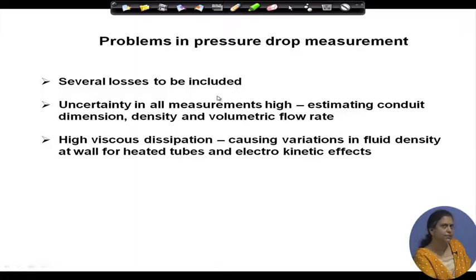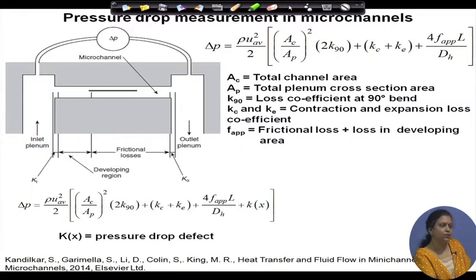The other thing is, whenever you have any measurement anywhere, there are several uncertainties associated with that particular measurement. And in this case, if you realize, the uncertainty starts from the measurement of the conduit diameter.